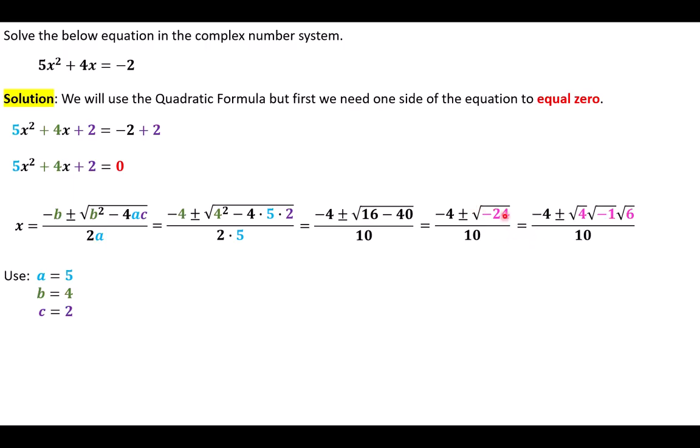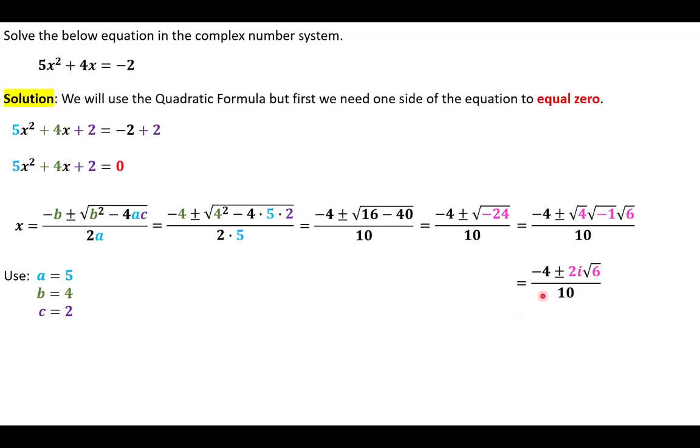The idea is to express this negative 24 as positive 4 times negative 1 times 6. Now we have something for the square root of 4 and something for the square root of negative 1. Square root of 4 is 2. Square root of negative 1, we're using i. We're almost done. The last thing to do is to simplify this fraction.